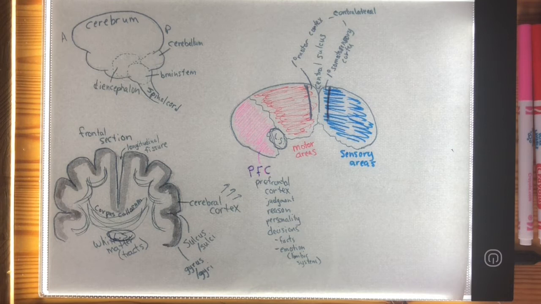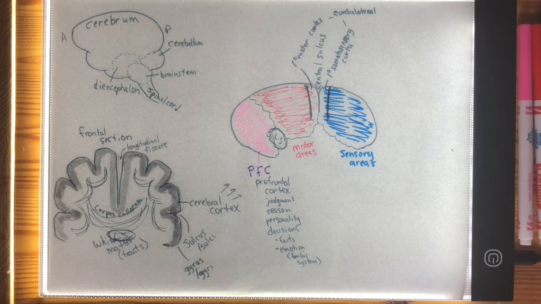So the primary motor cortex will control the wiggling of the fingers on the opposite side of the body. The left primary motor cortex will cause wiggling of the fingers of the right hand, and the right primary motor cortex will cause the left fingers to wiggle. So we have this opposite control.